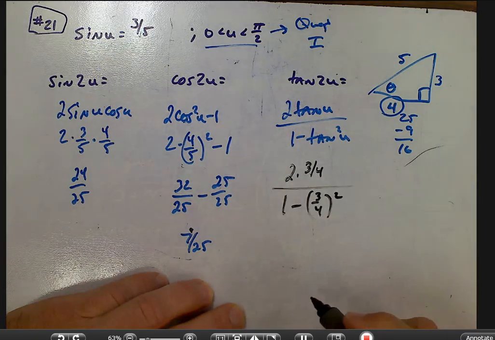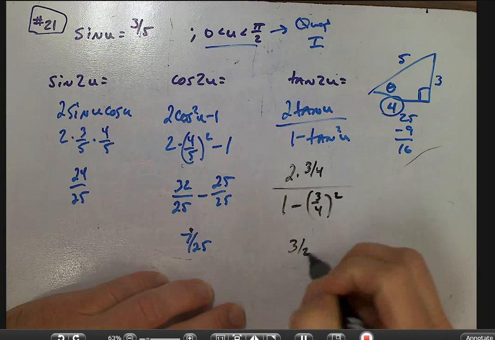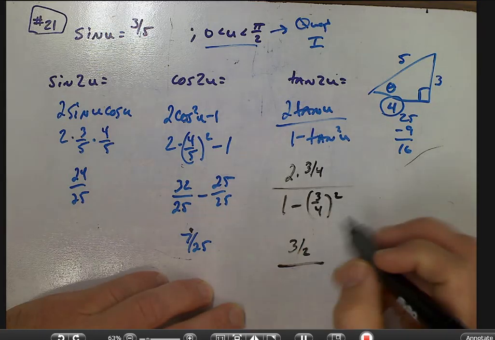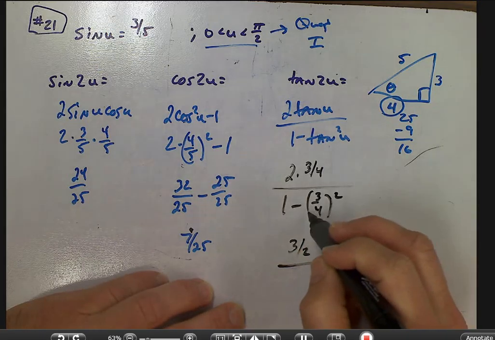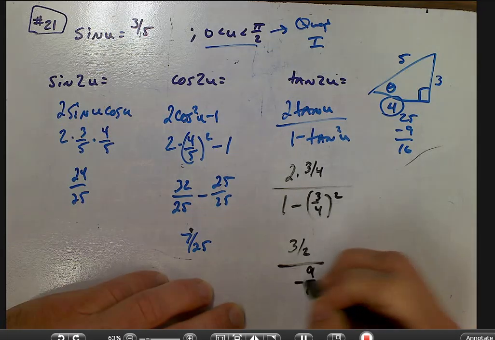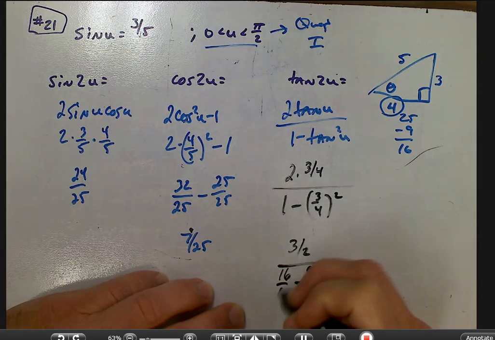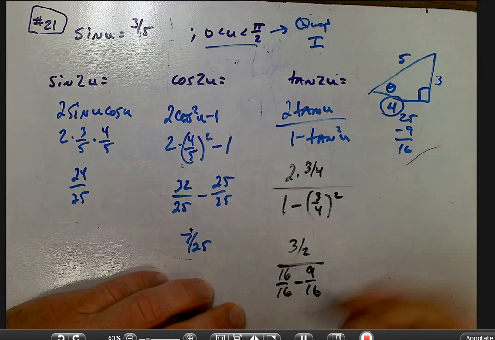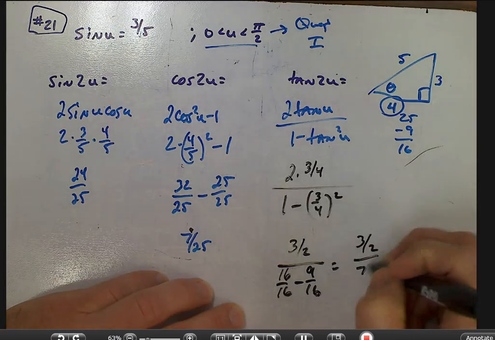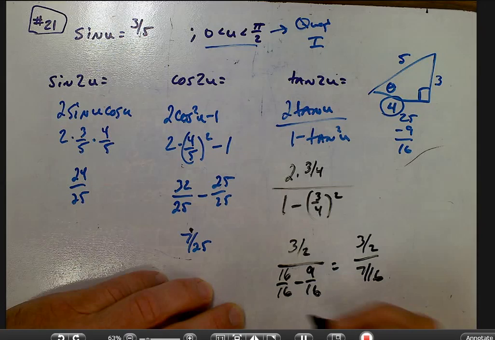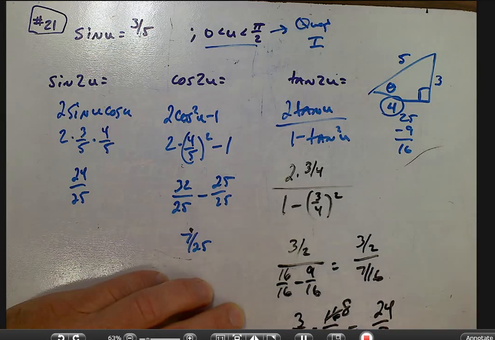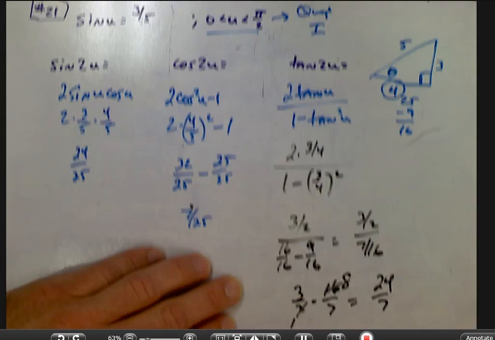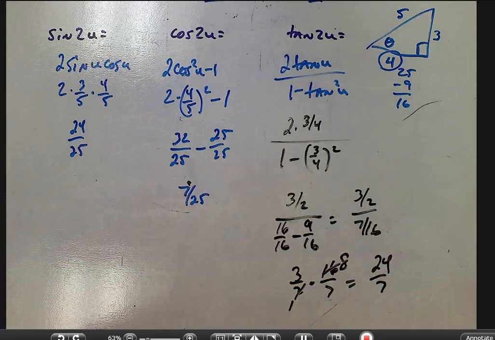I'm going to reduce that 6 over 4 to 3 over 2. And then this becomes minus 9/16. I'm going to change the 1 into 16/16 right away. So that becomes 3 over 2 over 7/16. And so I'm going to take 3 over 2, flip and multiply, and I get 24/7. Sorry, that was off the screen. You get 24/7 out of that. If you have any questions on how to do that, let me know.